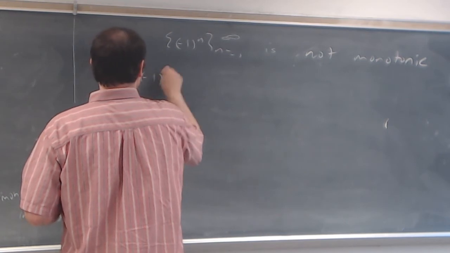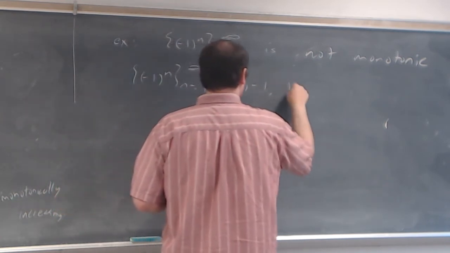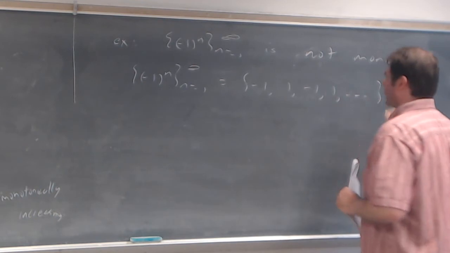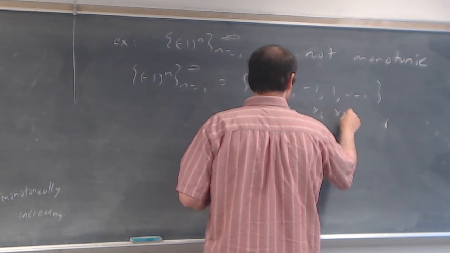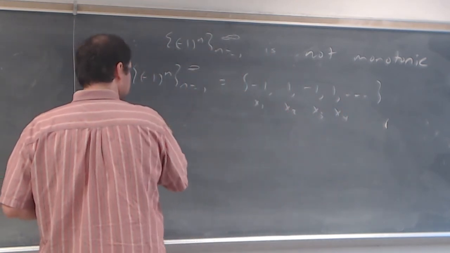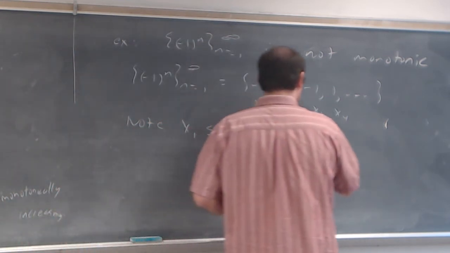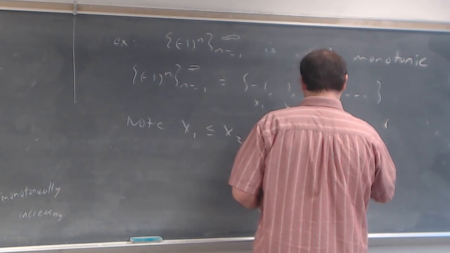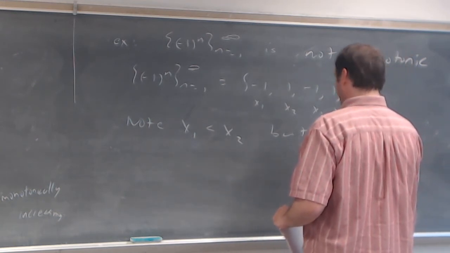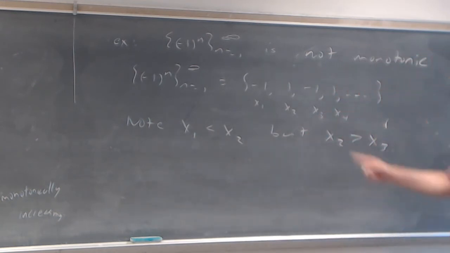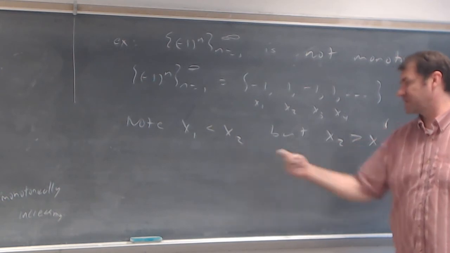This minus 1 to the n equals minus 1, 1, minus 1, 1, and so forth. And so this is x of 1, this is x of 2, this is x of 3, this is x of 4. So here, note that x of 1 is less than or equal to x of 2, well, I should say strictly less than. So maybe it's increasing. But here, x of 2 is greater than x of 3. So it can't be increasing because here we have a problem. And it can't be decreasing because here we have the opposite.